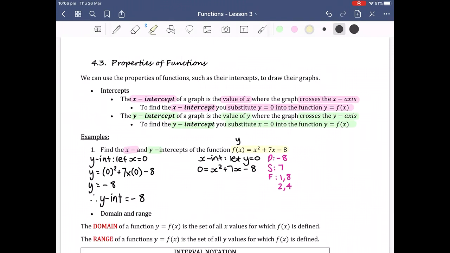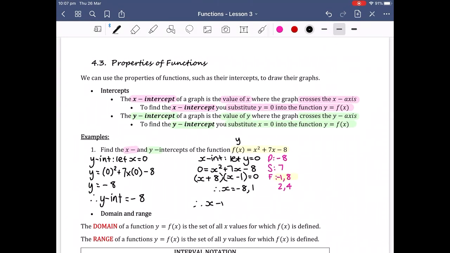Now we need to work out what factors of 8 add together to get 7, and multiply together to get minus 8. In this case, it's going to be 1 and 8. However, we need to make 1 negative, so that 8 minus 1 is 7, and minus 1 times 8 is negative 8. Once we've done this, we can write our double bracket: (x plus 8)(x minus 1) equals 0.